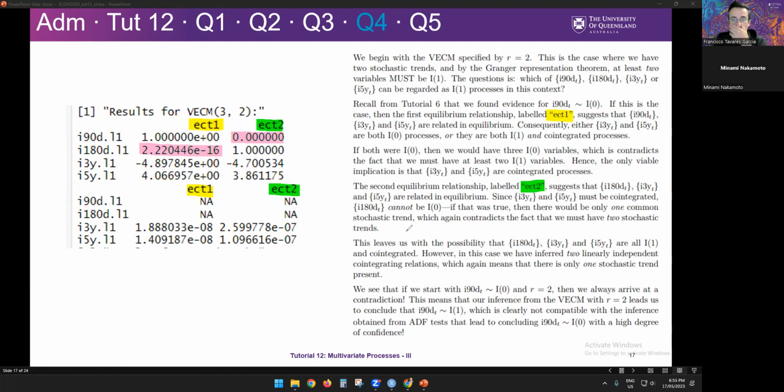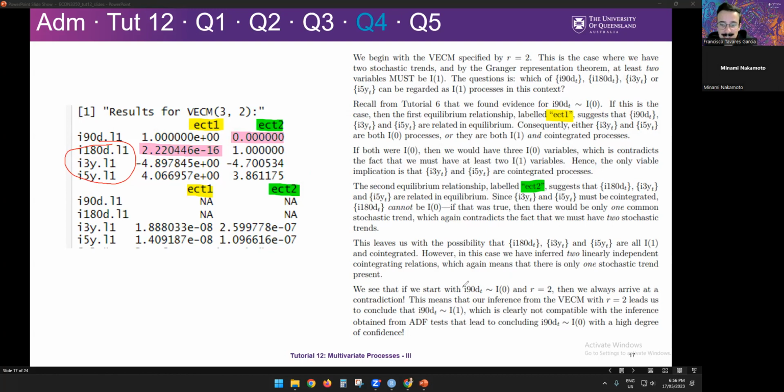This leaves us with the possibility that all three are I1 and all three of them are co-integrated. However, in this case, we have referred to linearly independent co-integrating relations, which again means there is only one stochastic trend present.